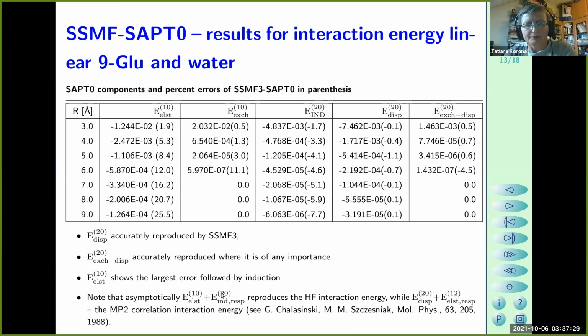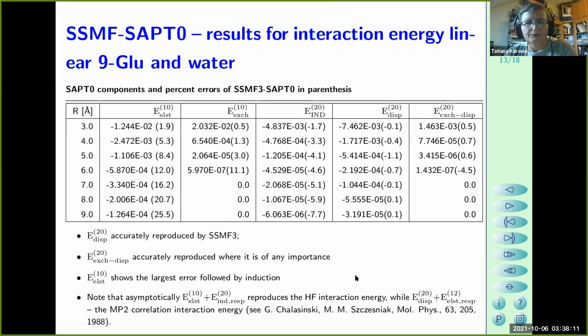One can also note that asymptotically the Hartree-Fock energy is represented by electrostatic 1,0 and exchange and induction 2,0, while the MP2 correlation interaction energy is represented by dispersion 1,0 and 2,0 and a smaller term, exchange and response electrostatic 1,2,1. The second number denotes the order in the fluctuation operator.